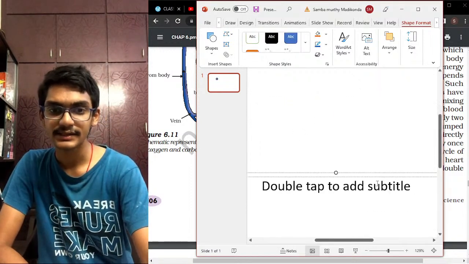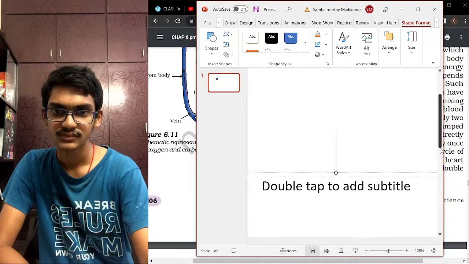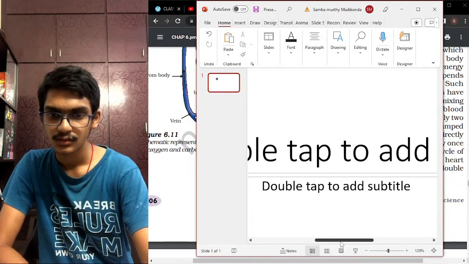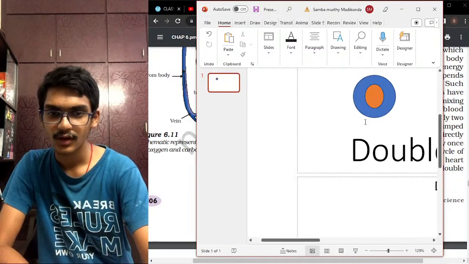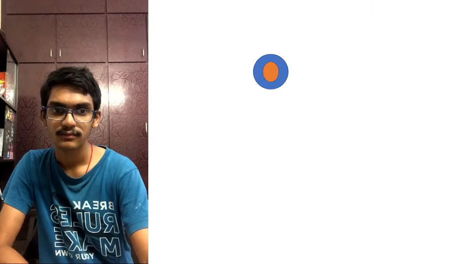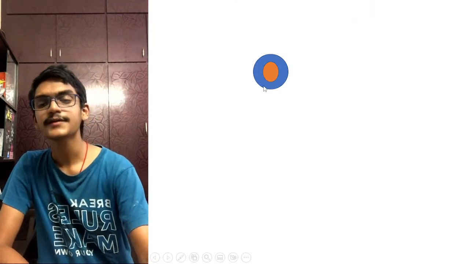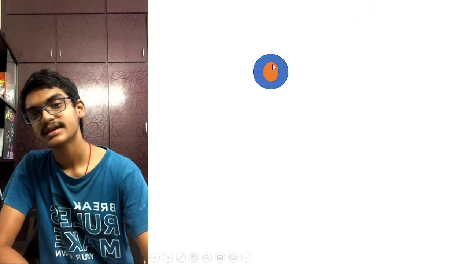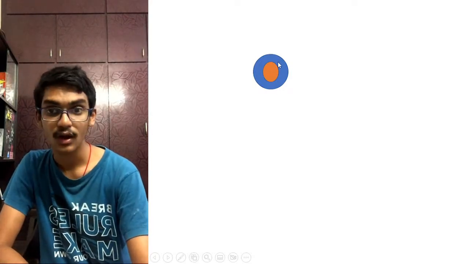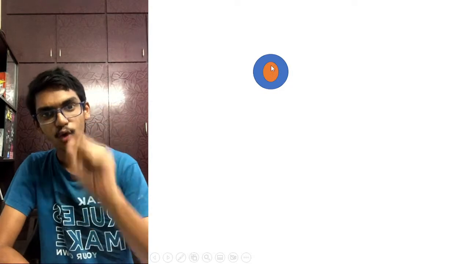So here, if you can see, the outer layer, the blue colored layer, is considered the wall, and the inner layer is considered the hole, which is a kind of tube wherein the blood is transported.